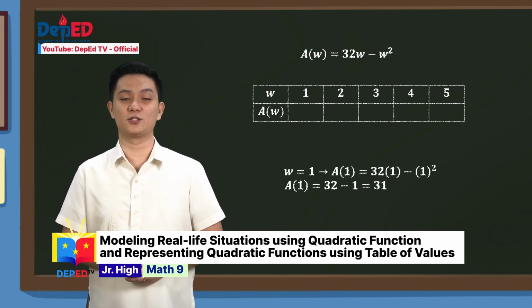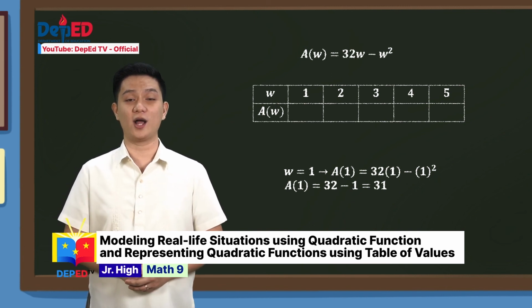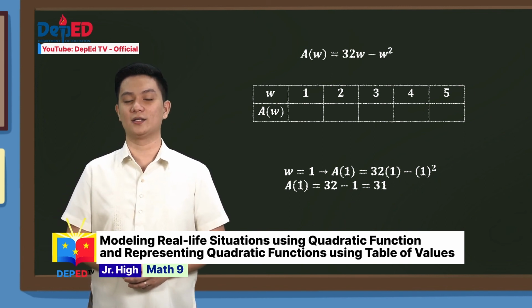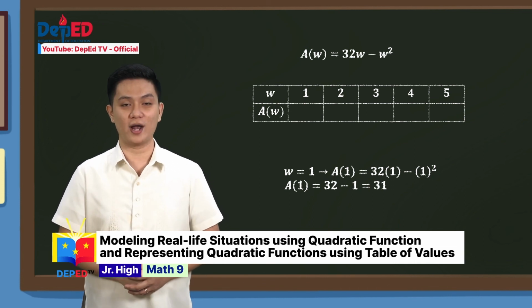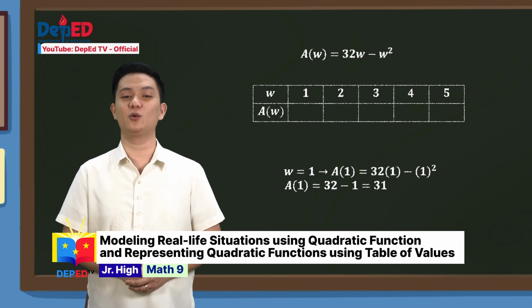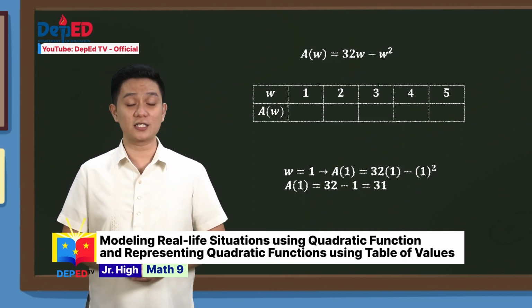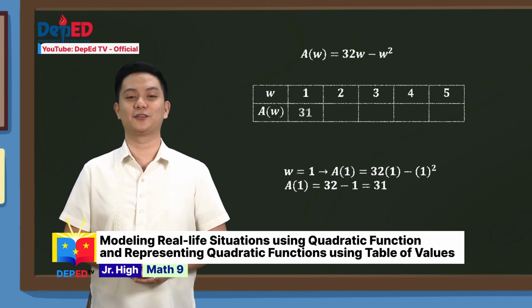When W is equal to 1, A of 1 is equal to 32 times 1 minus 1 squared. Therefore, A of 1 must be equal to 32 minus 1, and the result is 31. Hence, when the width is 1 meter, the parcel of land has an area of 31 square meters.